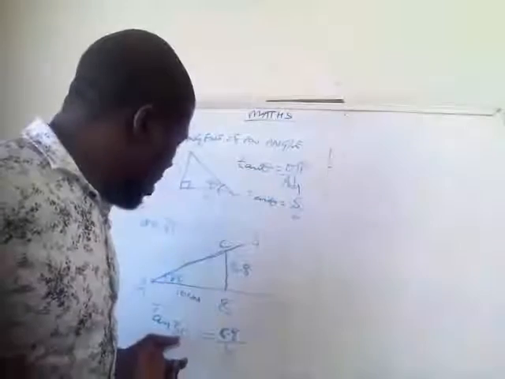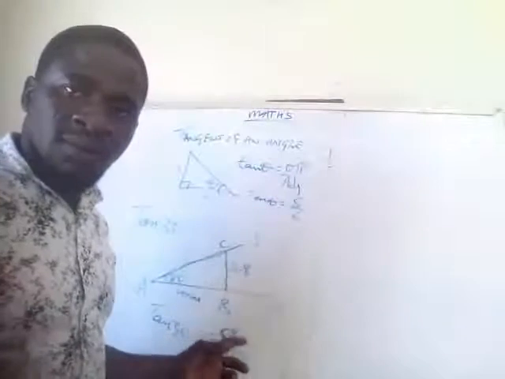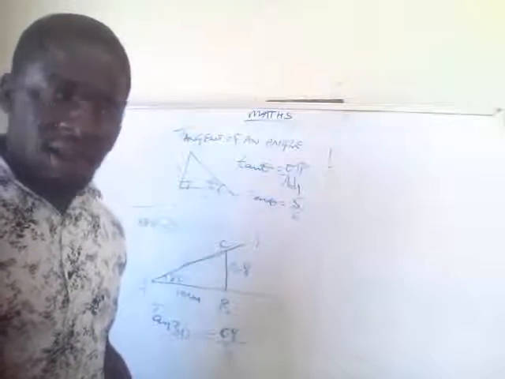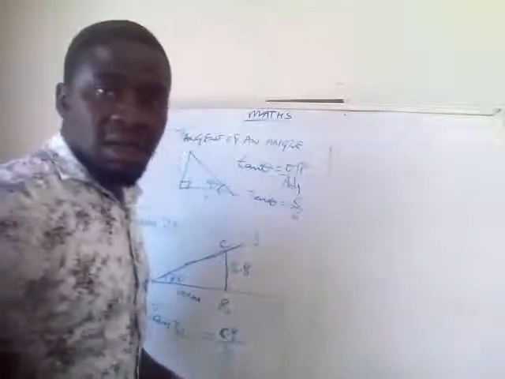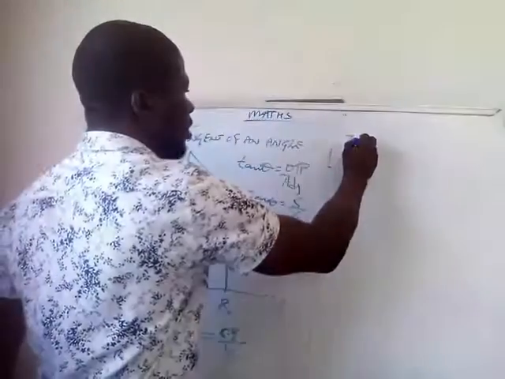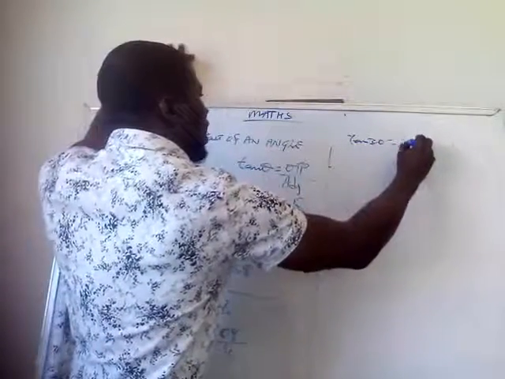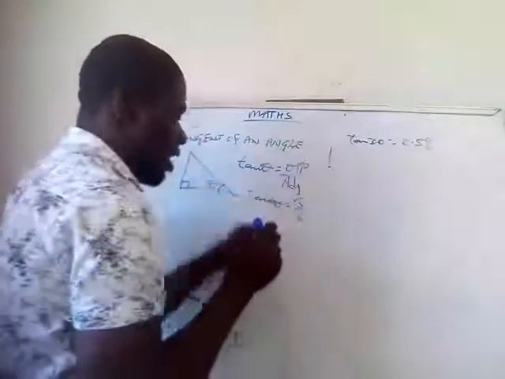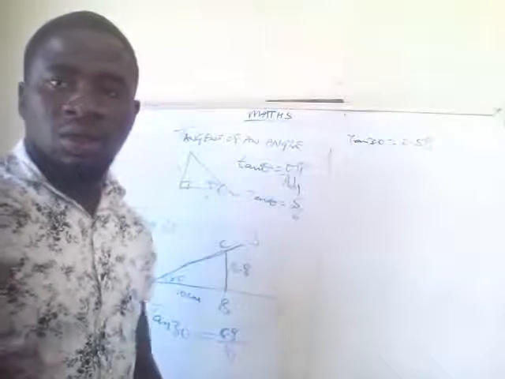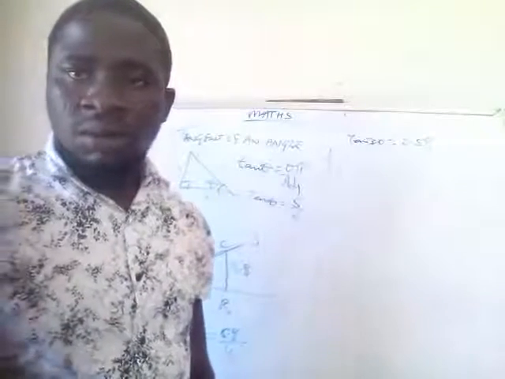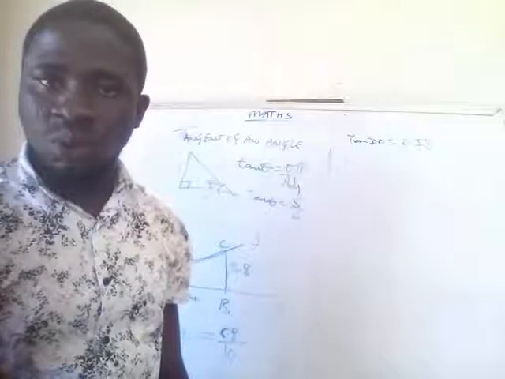Then tan 30 is equal to 5.8 divided by 10. And when you divide it, you will have tan 30 equal to 0.58 as your answer. That will be your answer. So please keep counting the assignments I'm giving you.